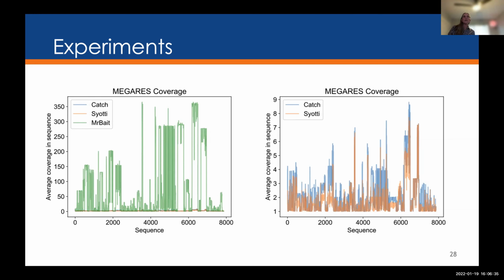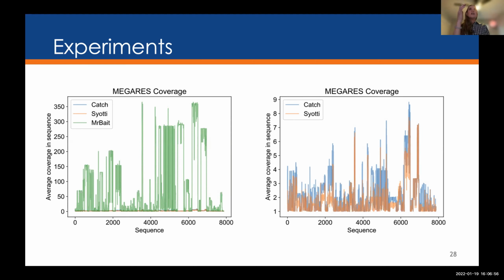So here, as we can see, we had to graph Mr. Bait on a separate graph because if you'll notice, the y-axis goes all the way up to 350. And this is again because it's doing something along the lines of counting.